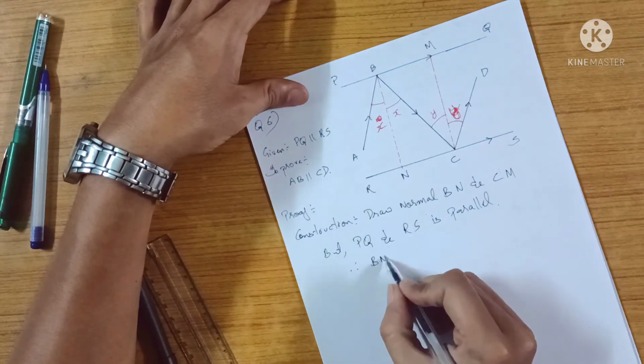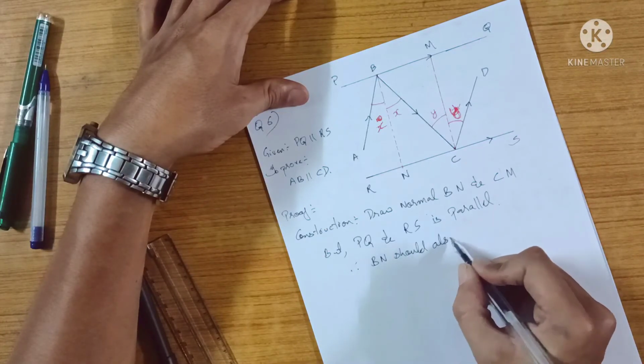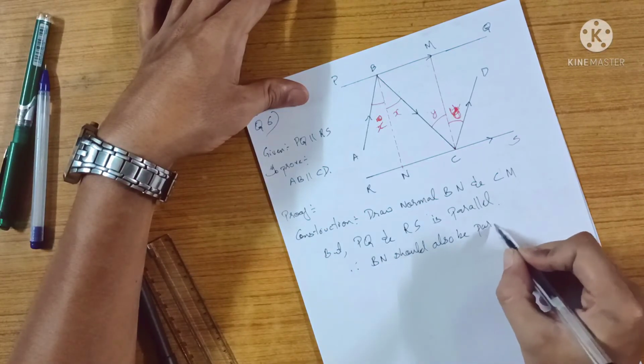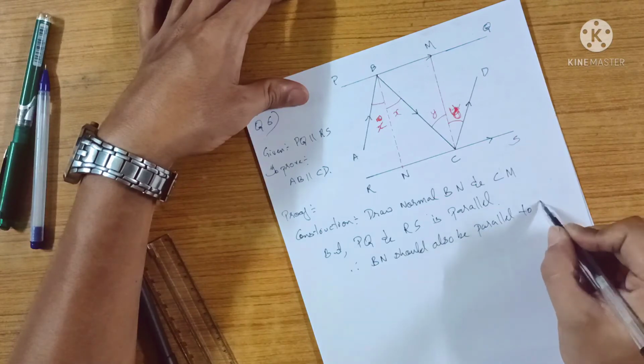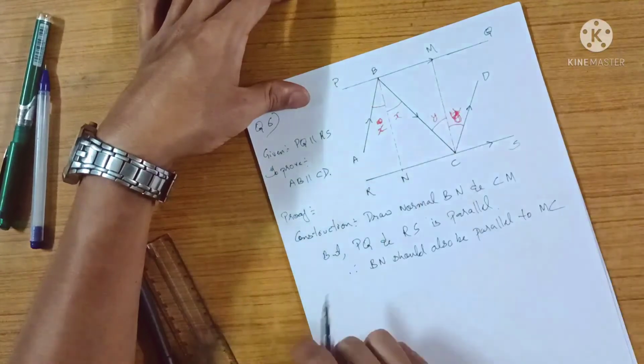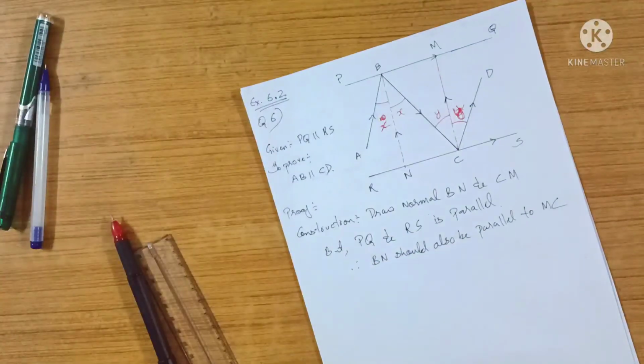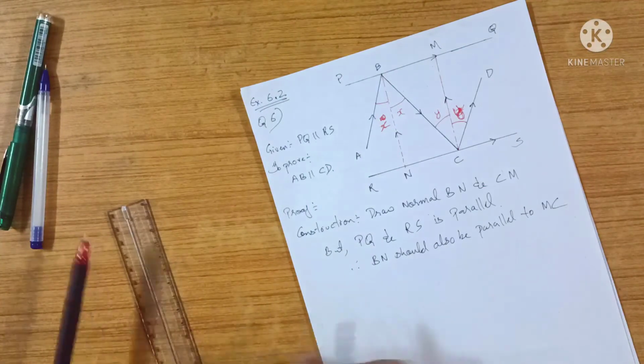Therefore BN should also be parallel to MC or CM, whatever it is. This and this should also be parallel to each other. Okay, so let's start the proof.